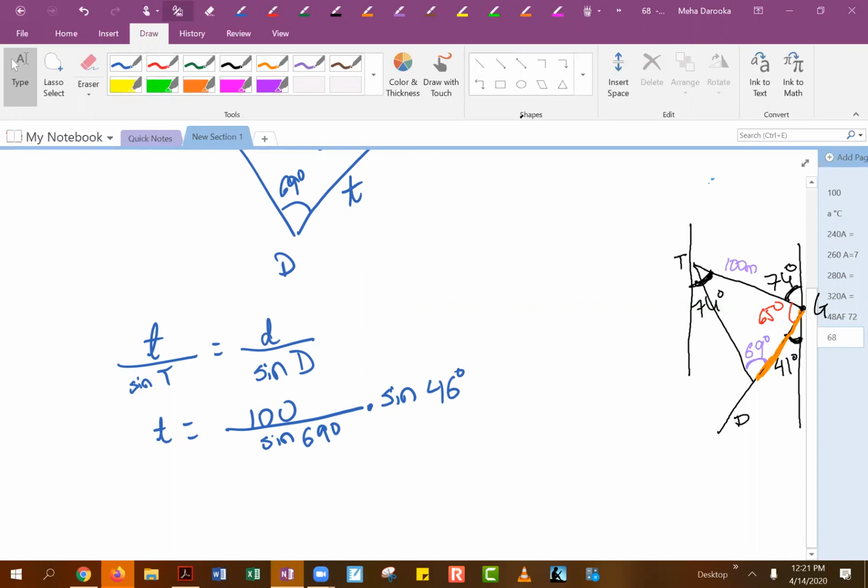Yeah, very good. So once you simplify that, and they didn't tell us really anything about rounding, but since we are doing this as an application, we'll go ahead and round it to a whole number.